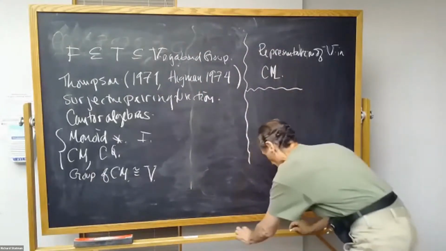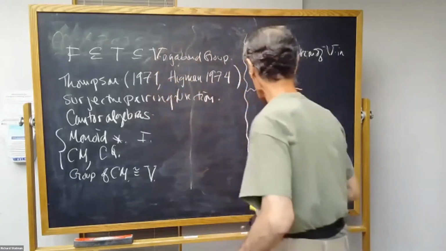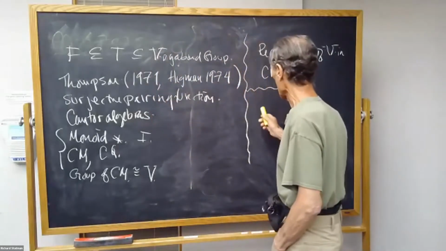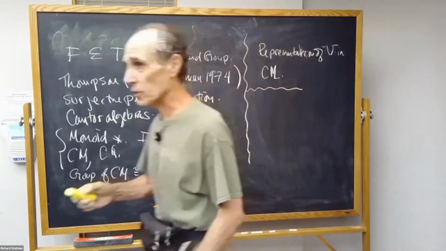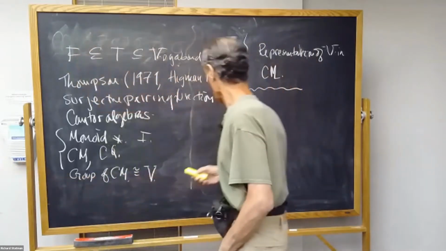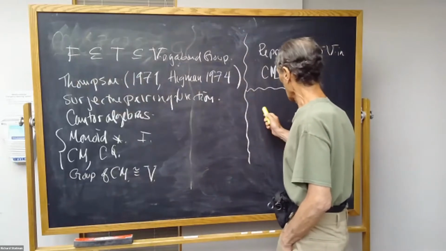Whoops, I had a better chalk here. Certain techniques that will allow me to settle certain questions. And the kind of question that I'm interested in is the following. Being a logician, we are interested in decision problems. And I'm interested in decision problems of the following sort.